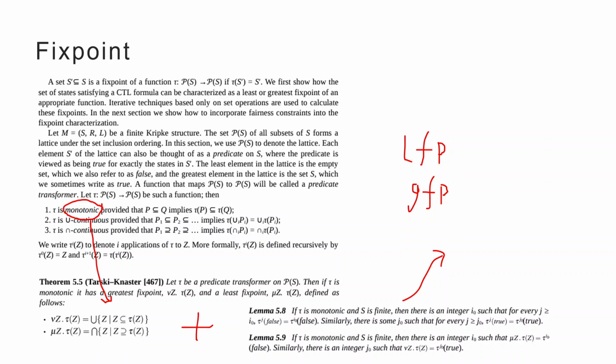This ensures that we can always find the least and greatest fixed point of tau. Moreover, most model checking problems satisfy the conditions required by the lemmas, such as the monotonicity of the function tau and the finiteness of the set S. Therefore, in most cases, we can confidently use these two algorithms.